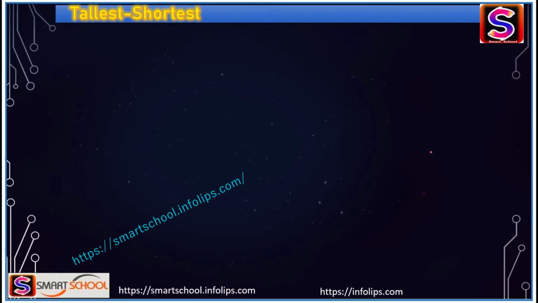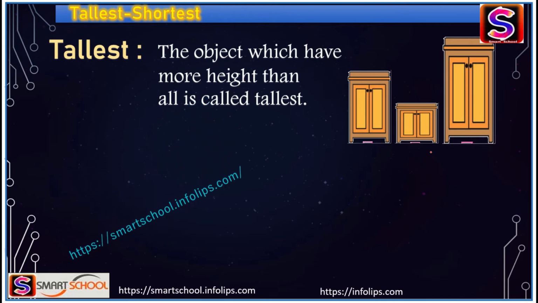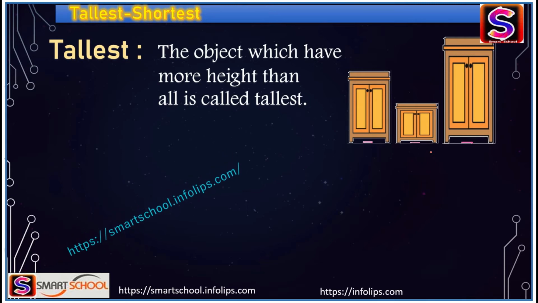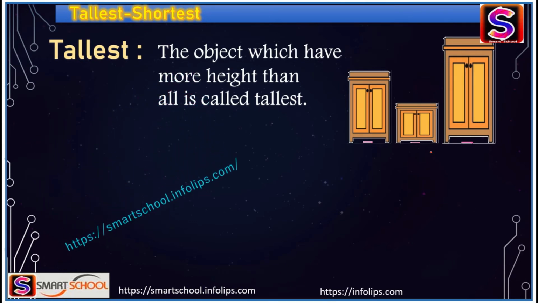Okay, so let's begin. Tallest and shortest. First see tallest: the object which has more height than all, not only than one other object but greater or higher than all the objects, then only we can say it is tallest.